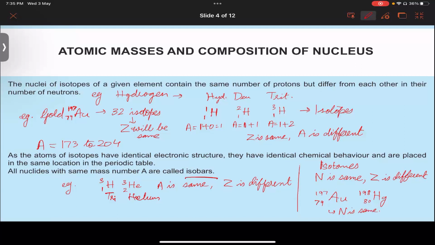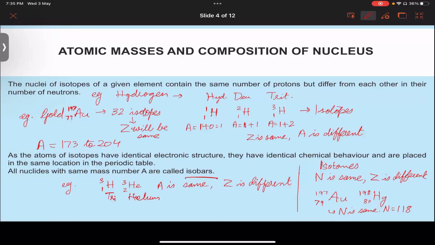If you subtract 197 minus 79, and similarly 198 minus 80, both of them have N equal to 118, so that is the same for both of these.